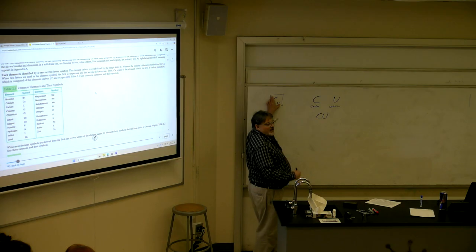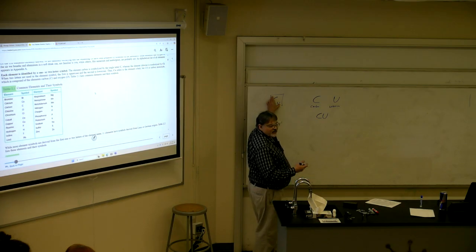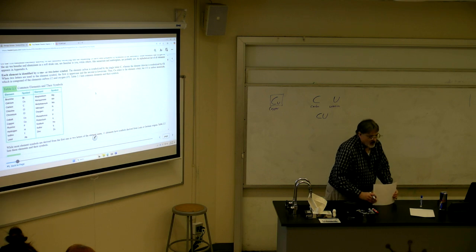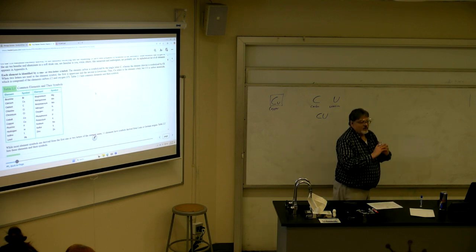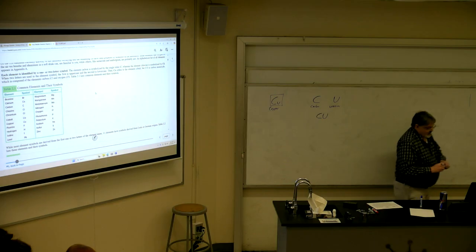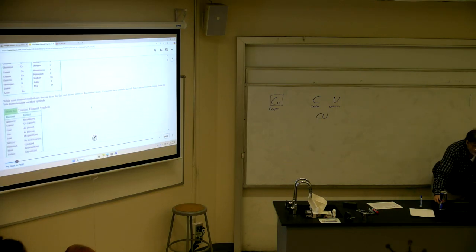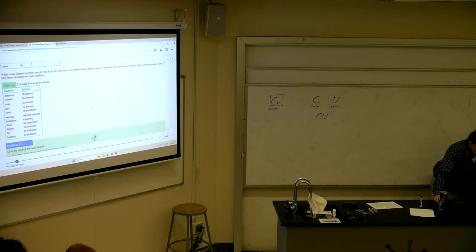So the lowercase letter tells you that lowercase letter goes with this uppercase letter. They're taken together as the chemical symbol. Some of them have 2 letters, some of them have 1. The ones that have 2 letters, the second letter will be lowercase. Like I said, just a bunch of semantics here.